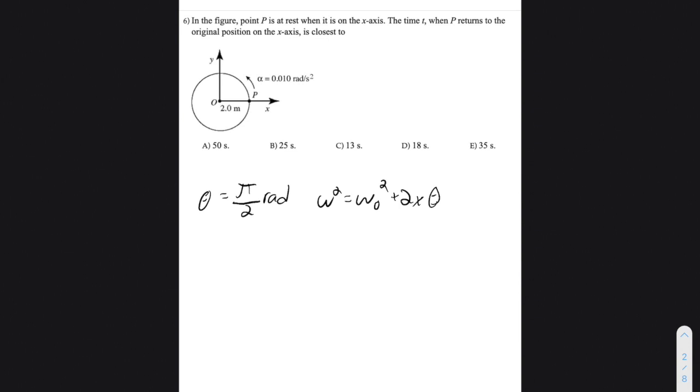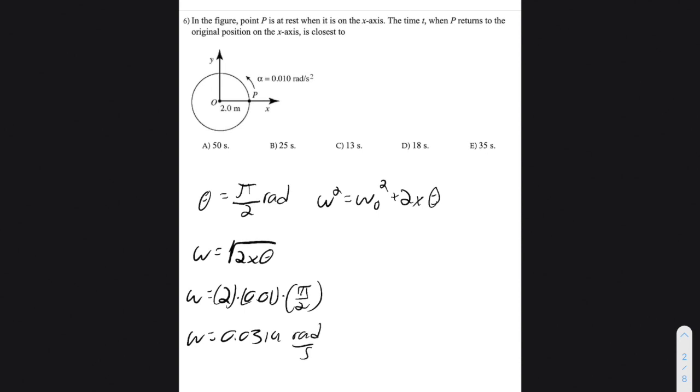So omega squared, that's the final omega squared, is going to equal the initial velocity, which will be 0 squared, plus 2 times the angular acceleration times the angular displacement. If we solve this for omega by crossing this out, because it's 0, and then taking the square root of both sides, we get an angular speed of 0.0314 radians per second at that point.